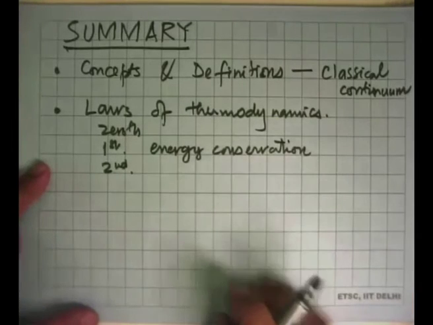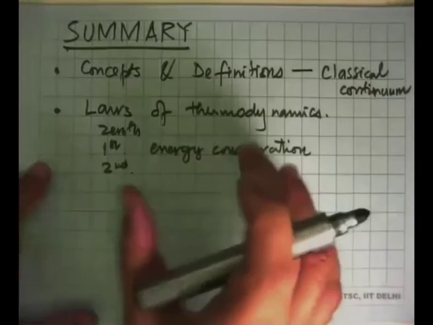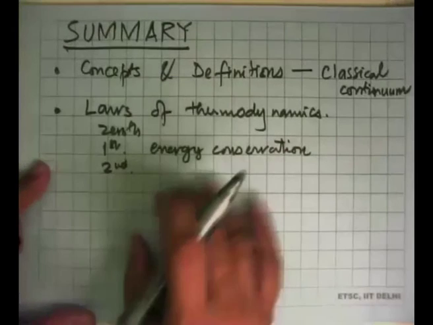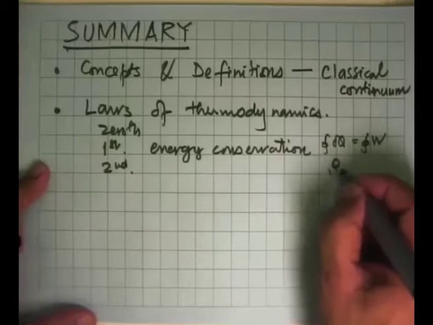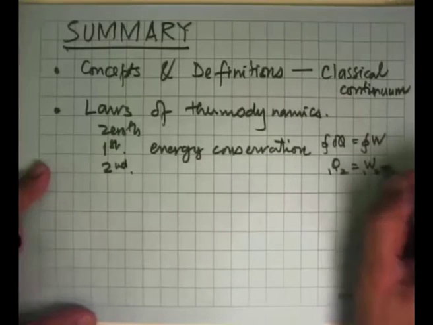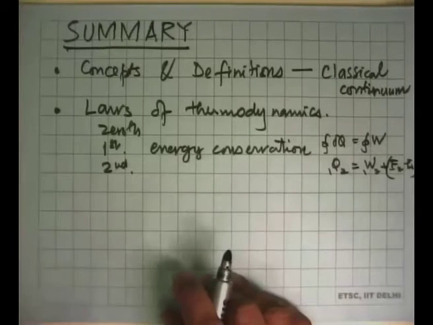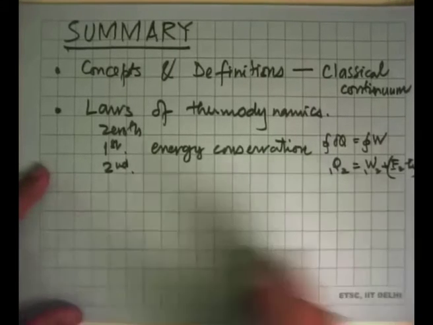While many people would say energy cannot be created or destroyed, that's a very loose definition. We now know that we will not use that. We say that the cyclic integral of heat is equal to the cyclic integral of work, or for a process, Q12 is equal to W12 plus the change in energy. So those are our exact statements now. We don't use 'energy cannot be created or destroyed'.